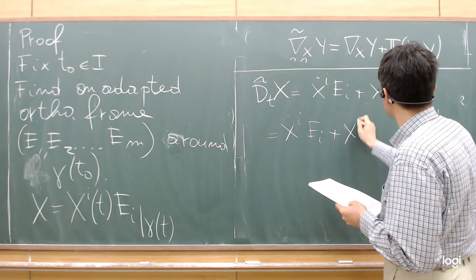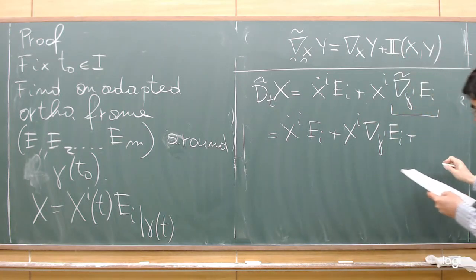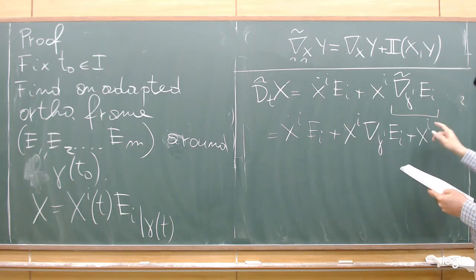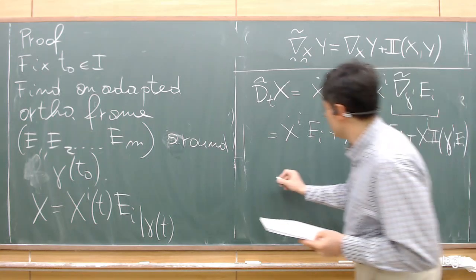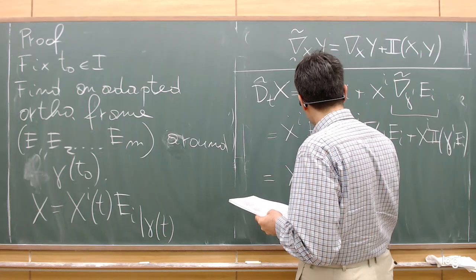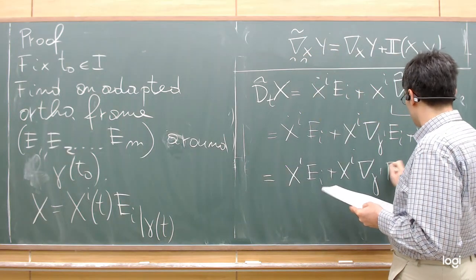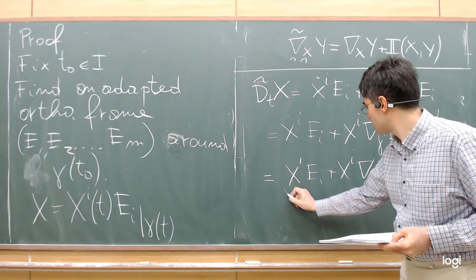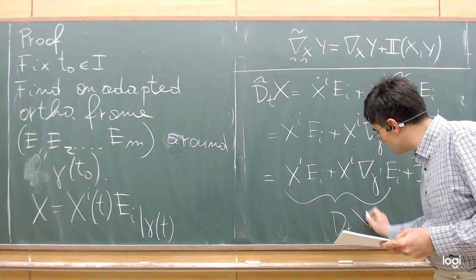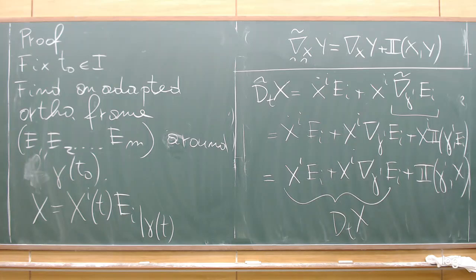And I get xi nabla gamma prime Ei plus xi II of gamma prime, Ei, and by linearity of II I get that this becomes x dot i Ei plus xi nabla gamma prime Ei plus II of gamma prime, X, and the first terms together are exactly the covariant derivative D_t X. And this is the end of the proof.